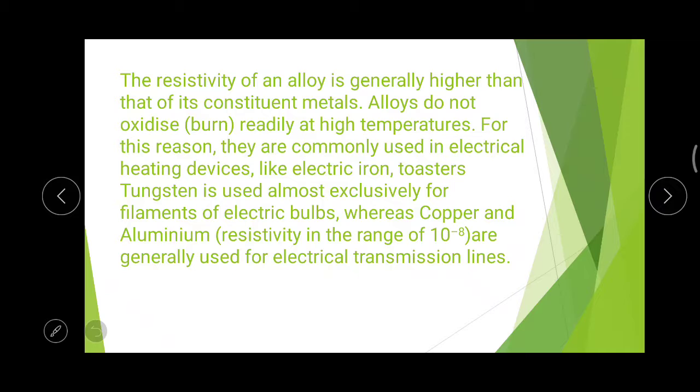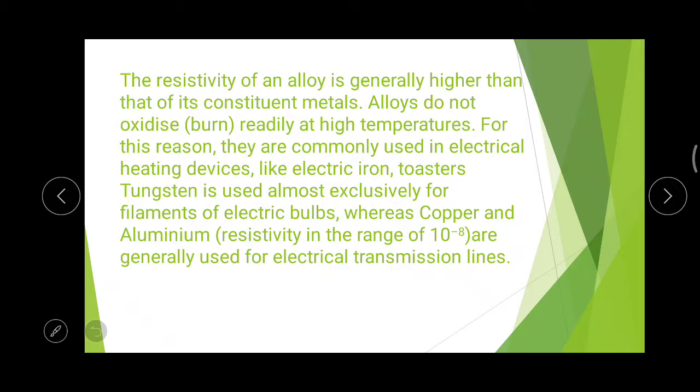The resistivity of the tungsten filament is very high, so it is easily heated up, and light energy is generated. In the tungsten filament, the current energy is converted into heat energy and light energy. The main reason is that the resistivity of the tungsten filament is higher.